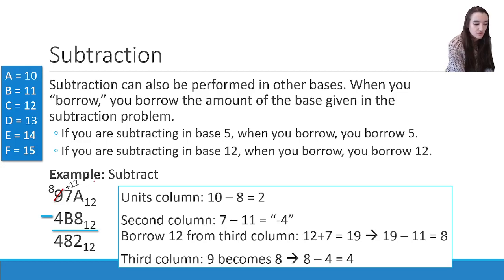But as soon as one of these top numbers is lower than one of the bottom numbers, we have to start borrowing, just like we do in subtraction base 10. The only difference is what we borrow. So don't borrow 10. Don't just write a 1 in front of your number to allow for borrowing, because that's not how it works when we're not working in base 10. We borrow whatever the base is.